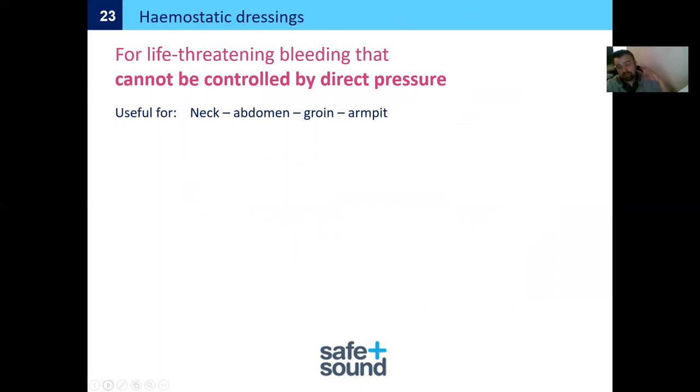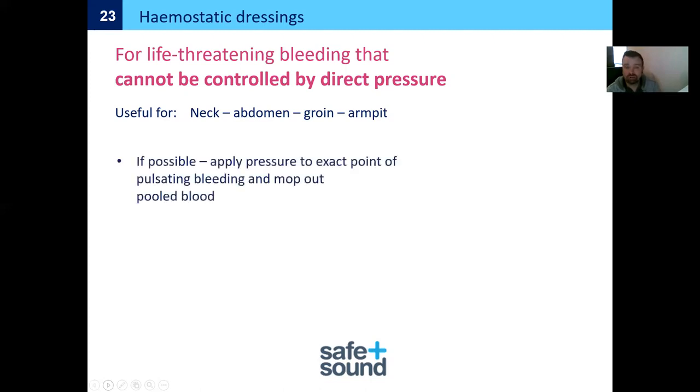So you've put the dressing on, it's still bleeding, you've done direct pressure and it's still not worked. So therefore, we need to go for indirect pressure. For indirect pressure, we can use the neck, abdomen, groin, or armpit. If possible, apply pressure to the exact point of the bleeding, but if not, go for indirect pressure.